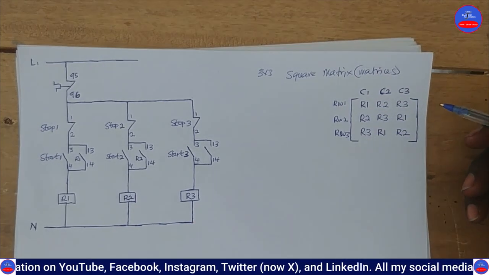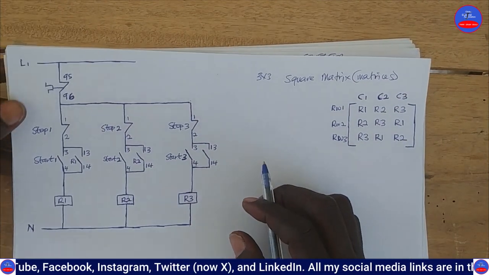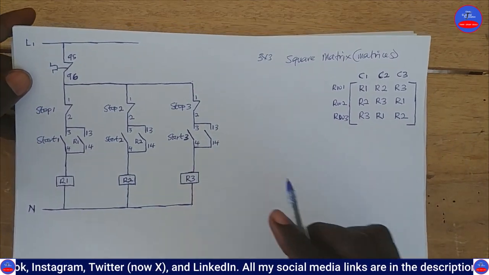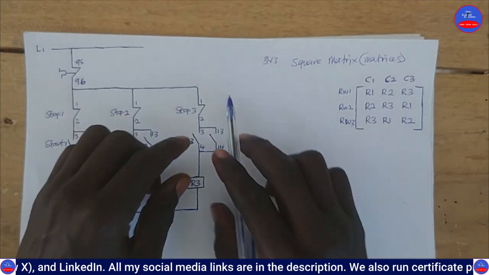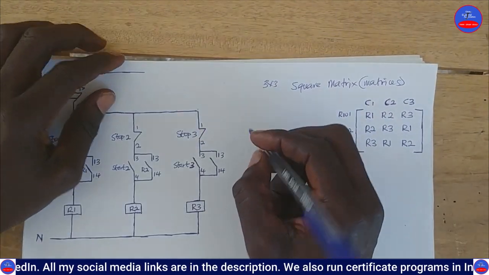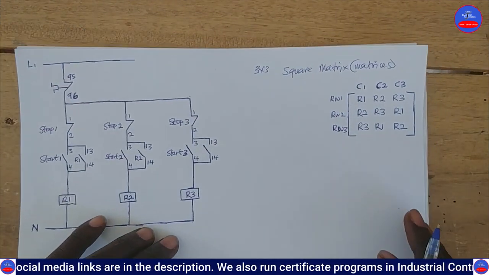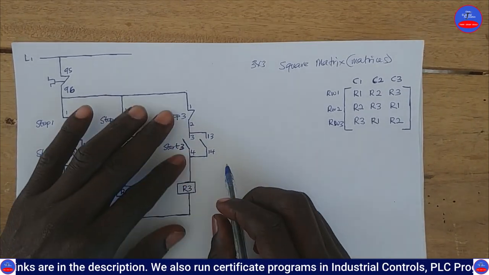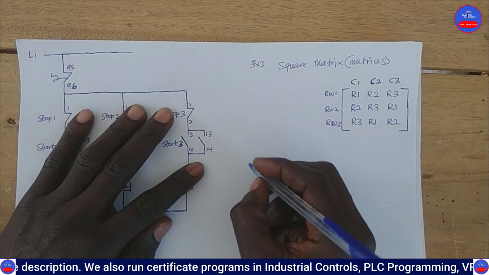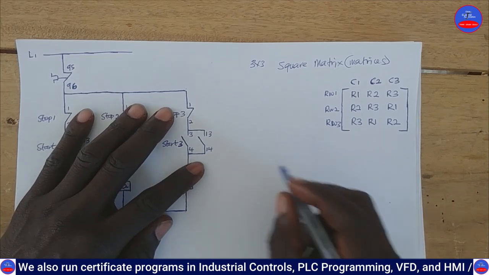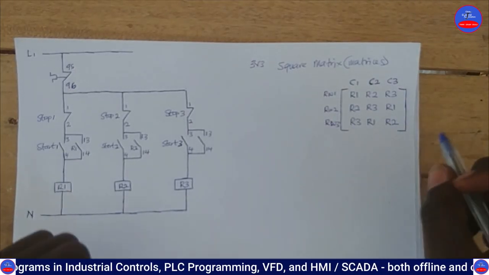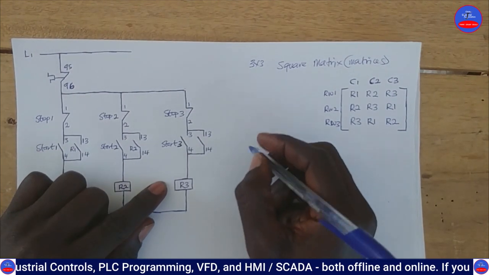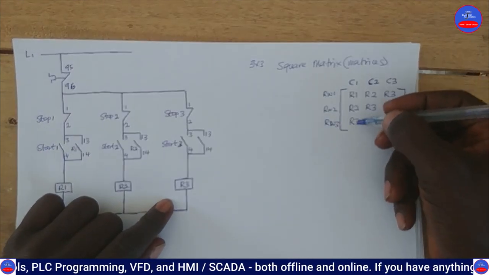All right, so now let's come here. Let's come to this side. You see, let's draw it this way. Let's draw it down here. So this is R1, right? We are going to draw 3 relays.